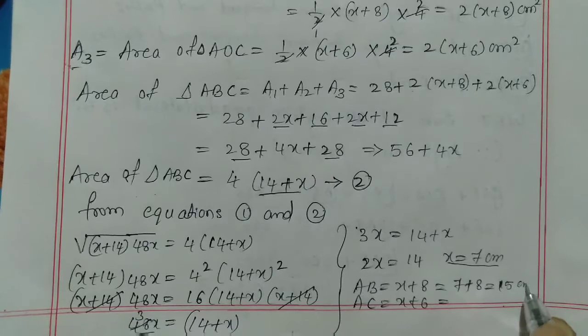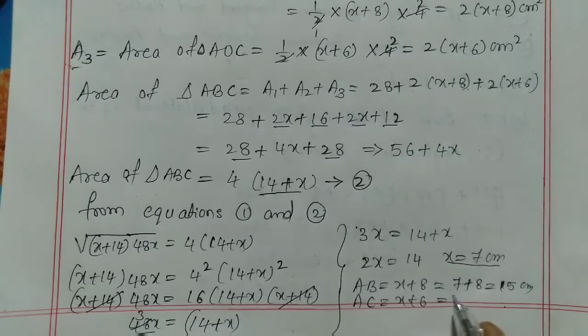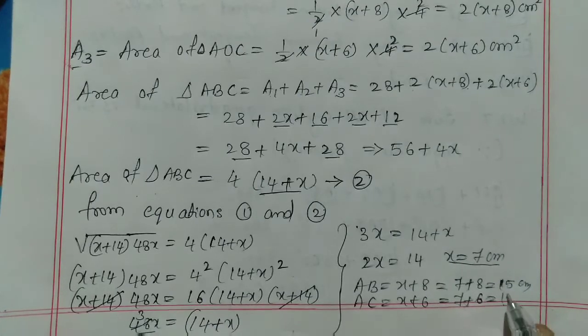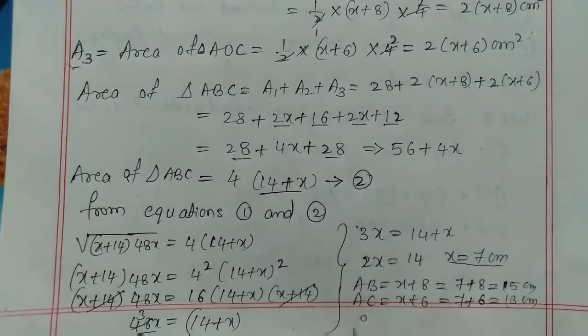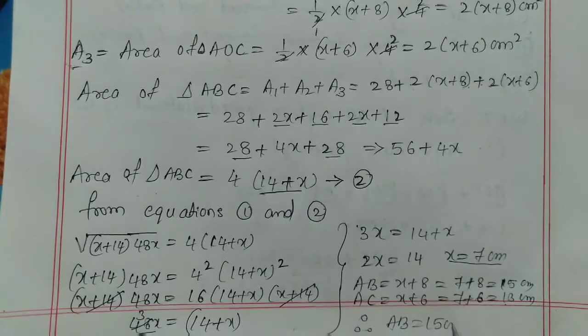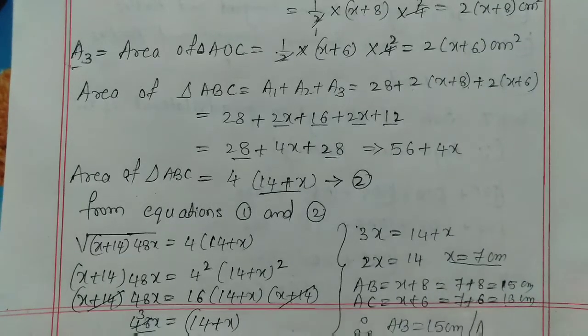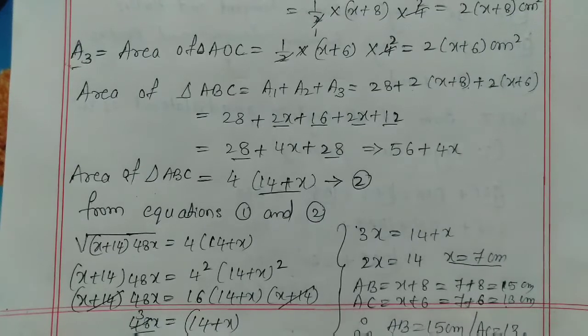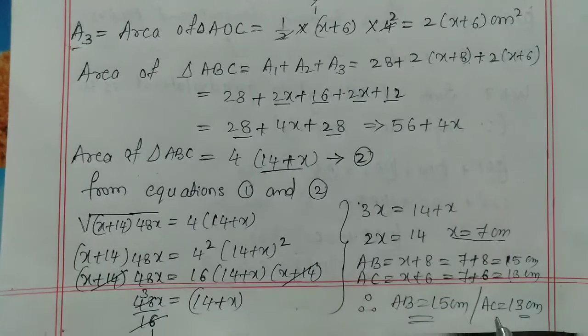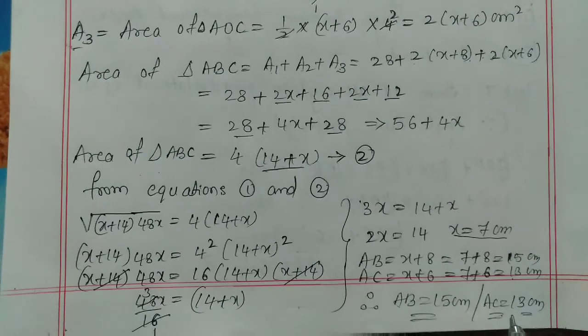Next x is 7 plus 6, 7 plus 6 is 13 centimeter. So I will write here, therefore AB equal to 15 centimeter and AC equal to 13 centimeter.